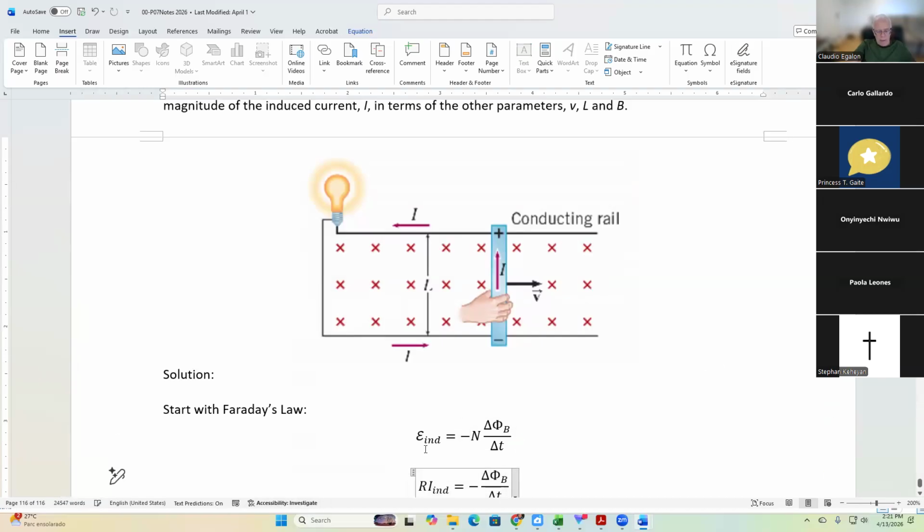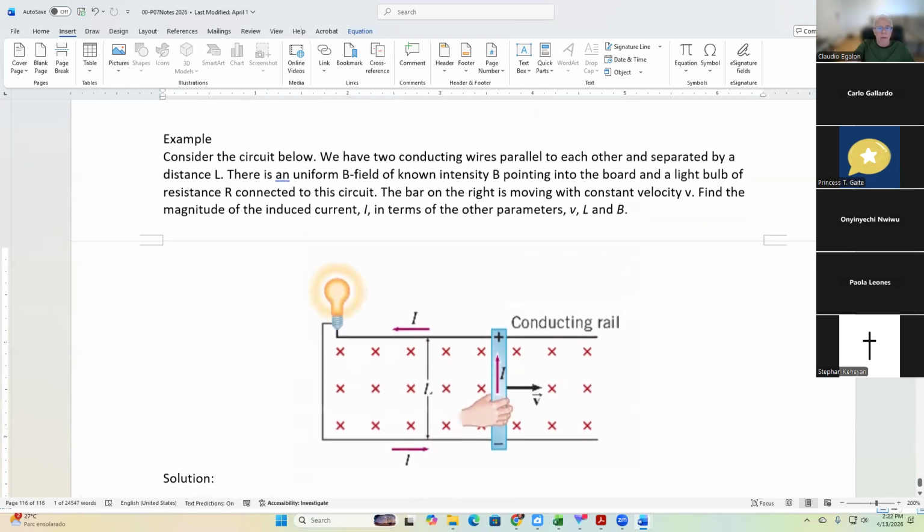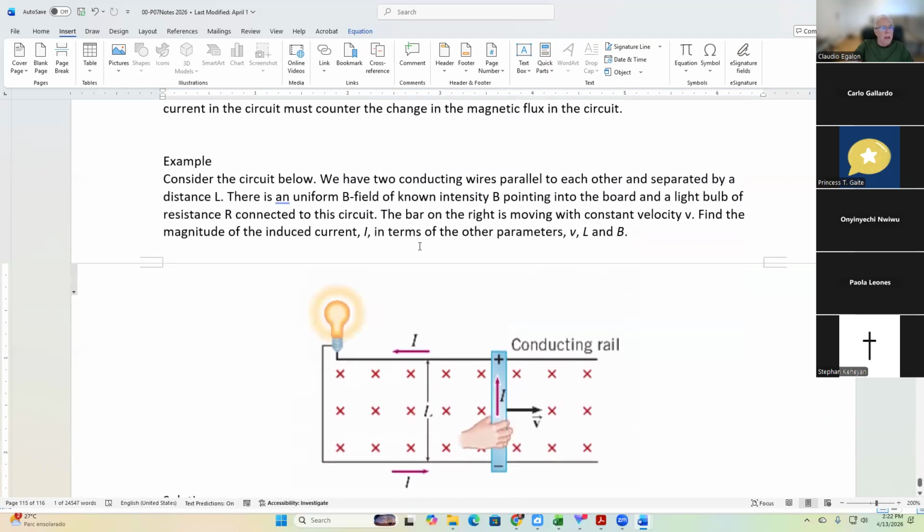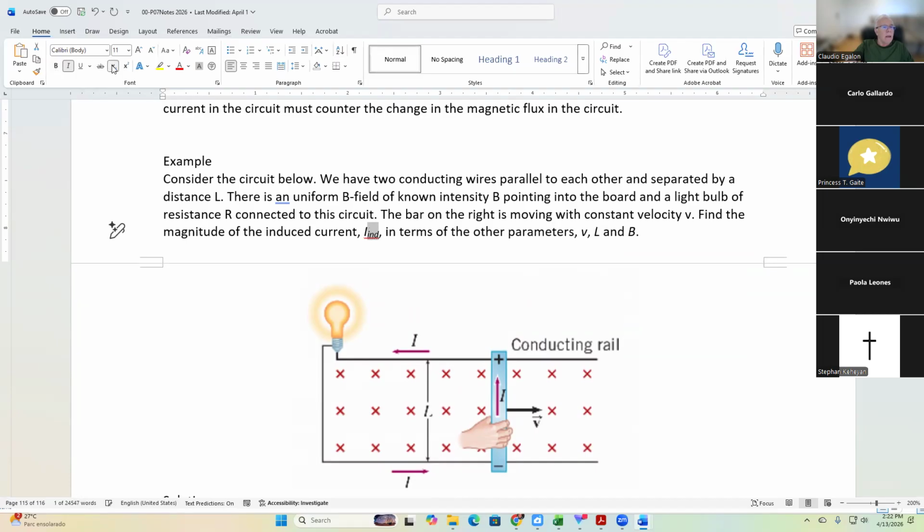Now, because we have an induced electric potential, this induced electric potential is related to the resistance of the light bulb. And by the way, we have to put the resistance of the light bulb as well, okay? If you want to find I, the induced current. Oh yeah, we have resistance here.